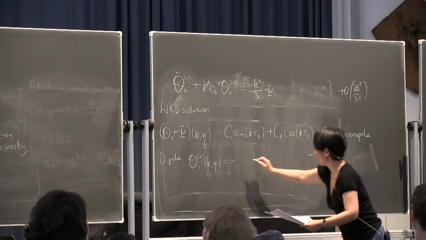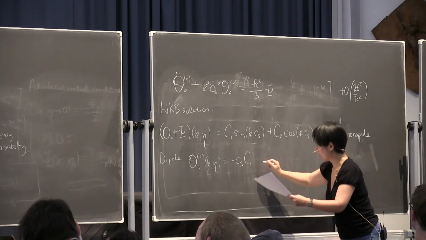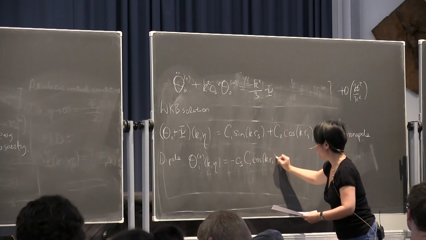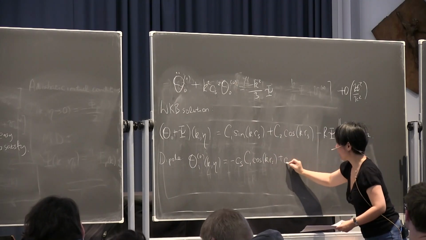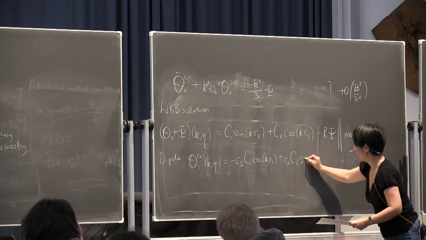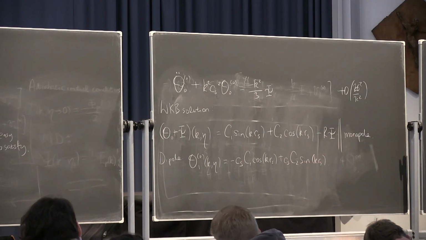It's actually just a derivative of it. So you see the sound speed coming in here, cs, same C1 cosine k rs plus cs, and then constant 2, C2, sine k rs. That's the dipole solution. Okay, so they're out of phase with each other.